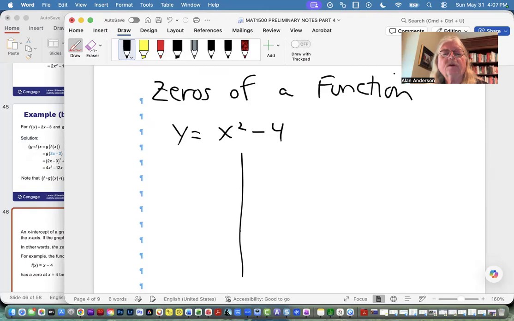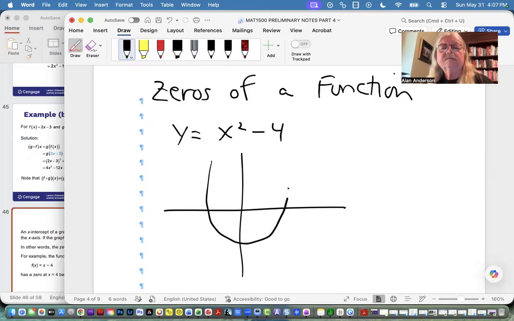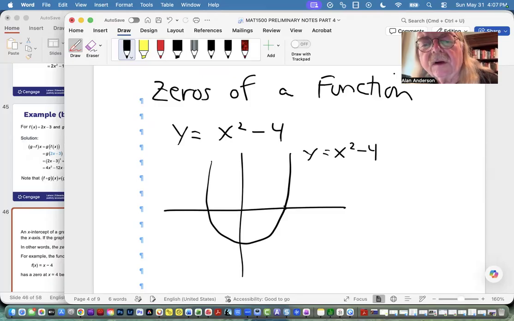We can clearly graph this as a parabola. And what are we looking for? The 2 points where the parabola crosses the horizontal axis. Those are my zeros or solutions.